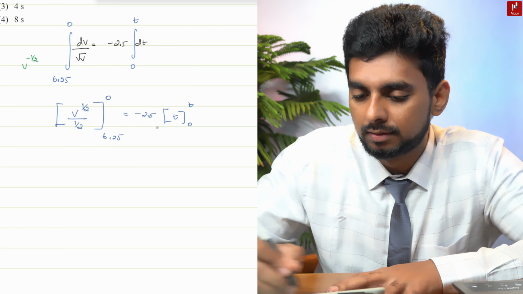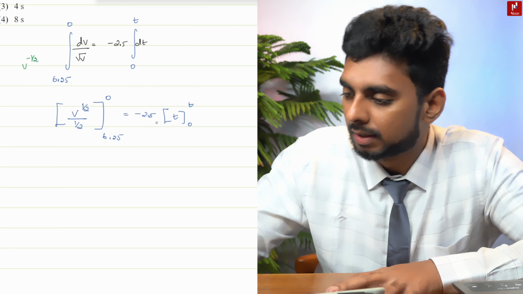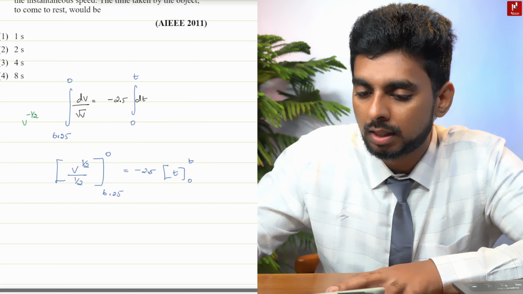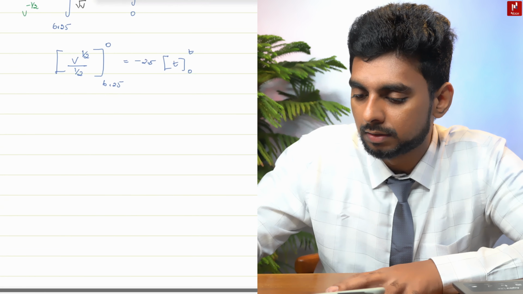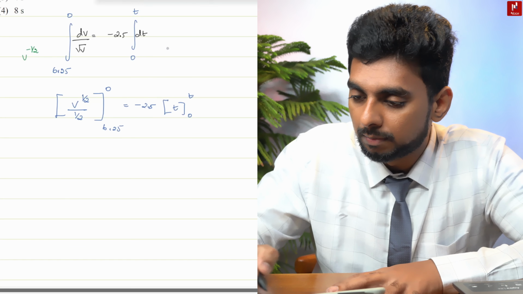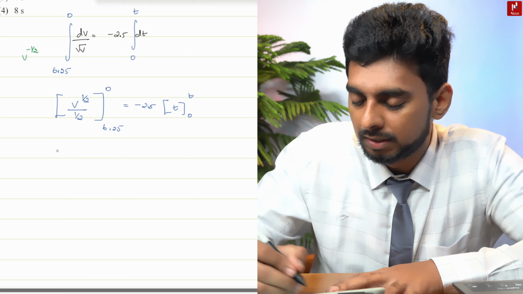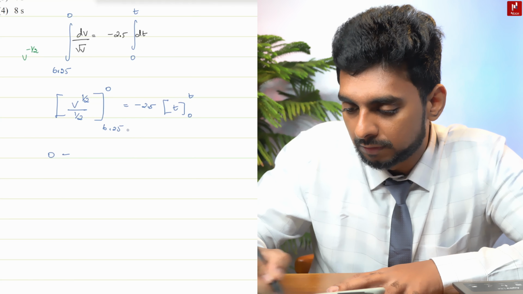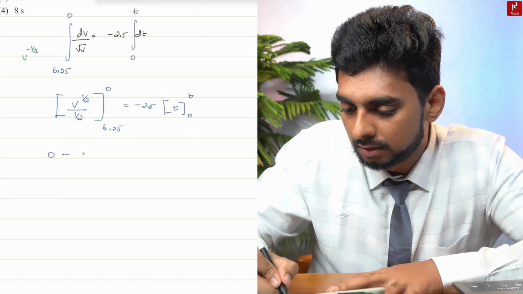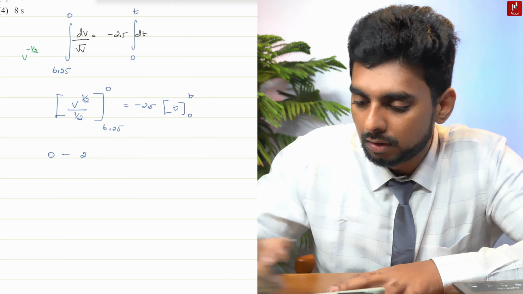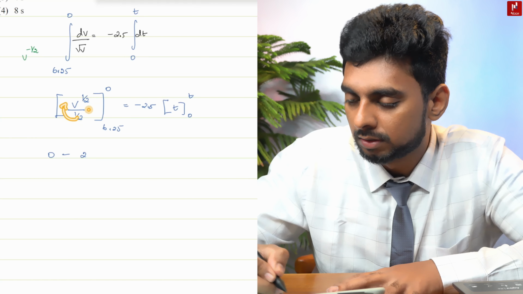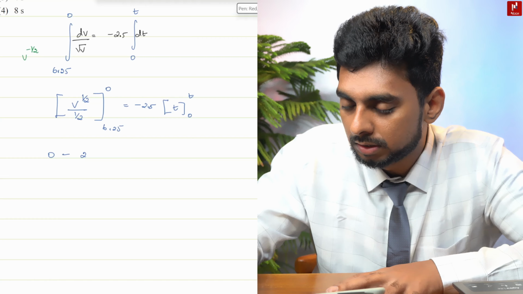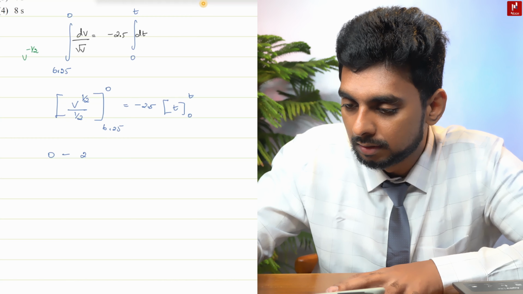That's it, t, and then some number that will give you the required time at which that object is going to come to rest. So just let me apply the limits. If I apply the upper limit, that's going to be 0, so just leave that one. 0 minus the lower limit. This you would have got as half, which will come to the numerator, so that will give you 2 times v power 1 by 2, isn't it?